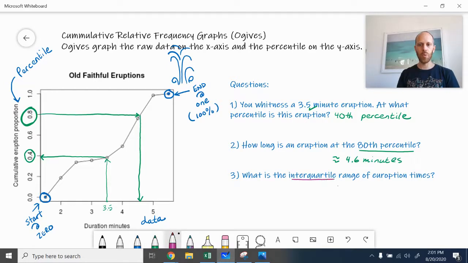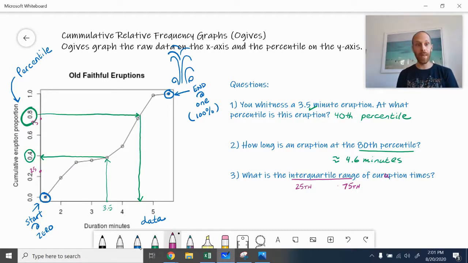Okay. Let's do one more together. What is the interquartile range of the eruption times? And so the interquartile range we know traps between the 25th and the 75th. It's the distance between those two. So what I would do is come over here, identify the 25th, and then identify the 75th.